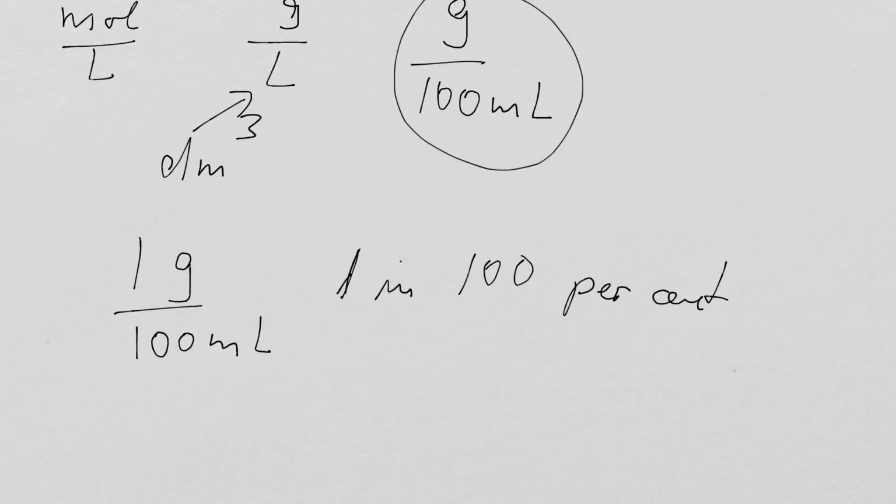So, 1 in 100 is 1%. Right? Now, since we have different units here, this here is a weight, and this here is a volume.